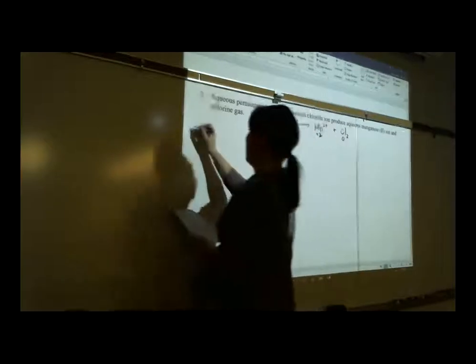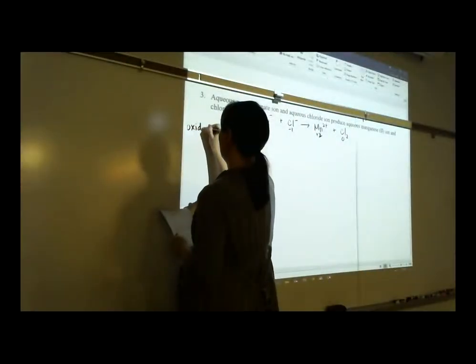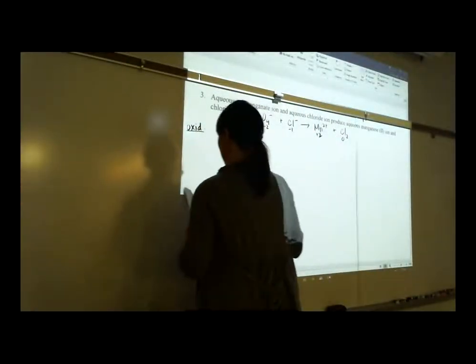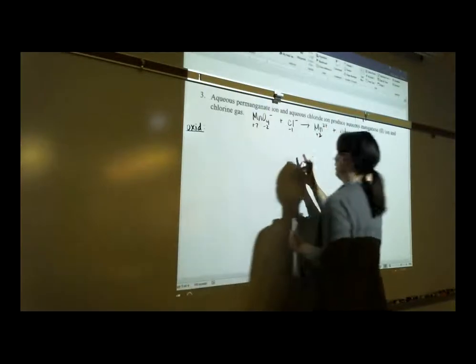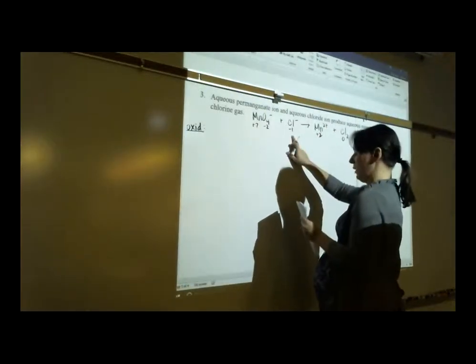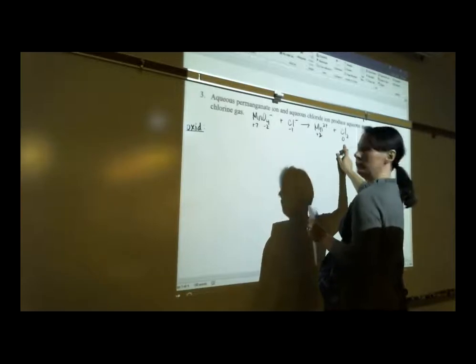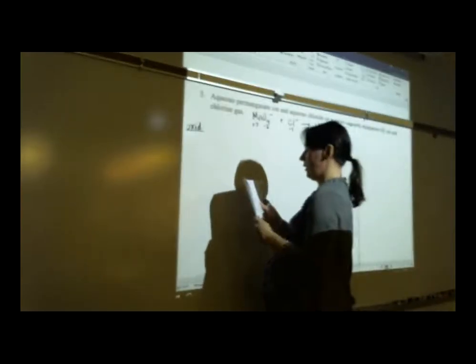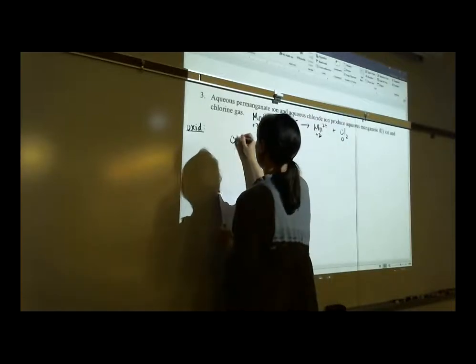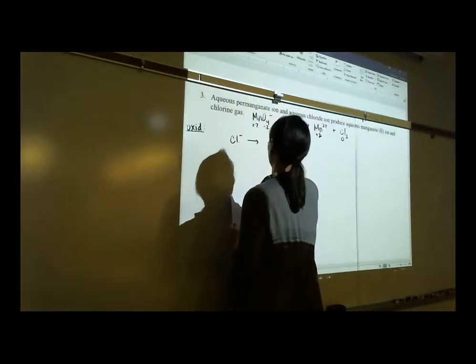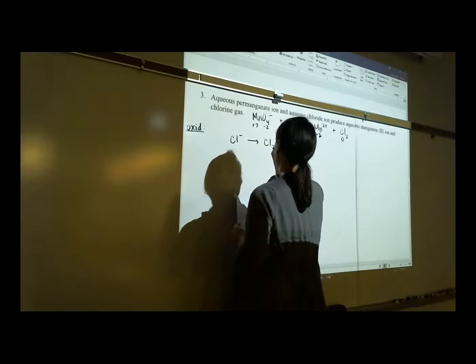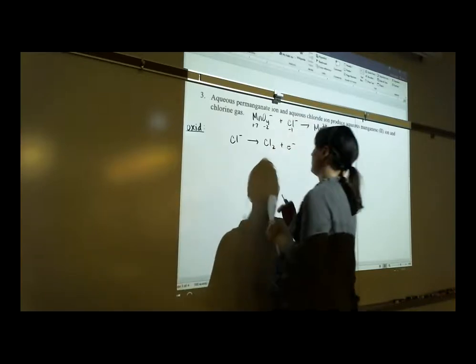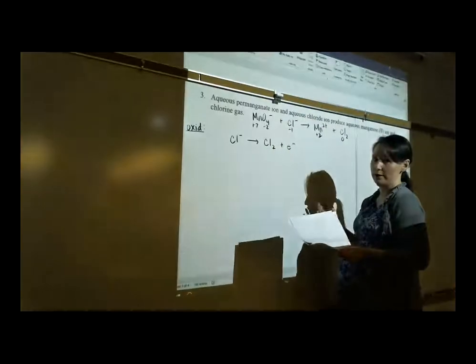Let's do our oxidation. So we are going from -1 to 0, right? So that's a loss of an electron. So if we go Cl minus becoming Cl2 plus e minus, right? But we're not balanced here, right?